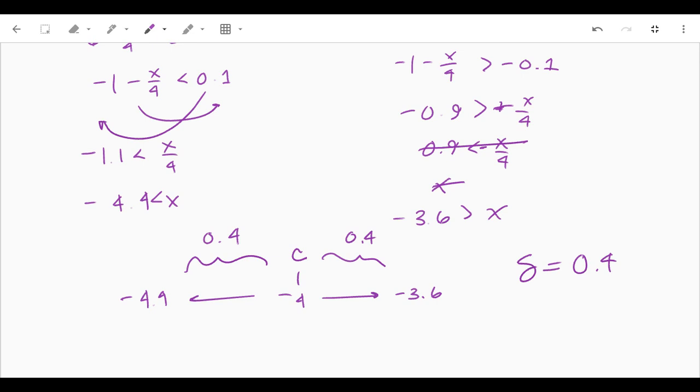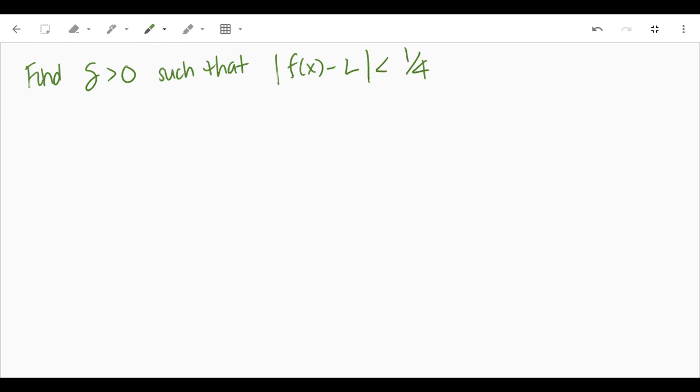Let's do this one. Find delta such that the absolute value of f of x minus L is less than 1/4, when f of x equals x squared and L is the limit as x approaches 2 of f of x.